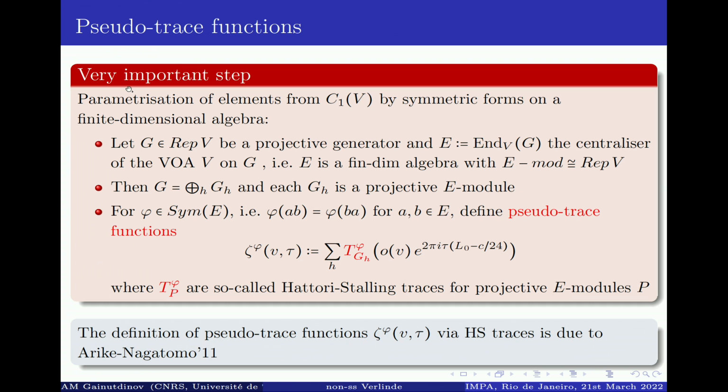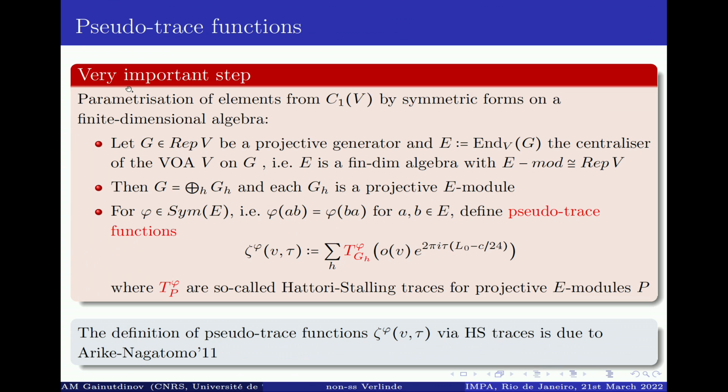Now I'm going to study symmetric forms on this algebra E, or centralizer of the VOA. By symmetric forms, I mean linear forms on E such that phi of AB equals phi of BA. Okay? And now I'm going to define pseudo-trace functions. This is a definition due to Arike and Nagatomo, 2011. So for me, pseudo-trace functions are parameterized by these symmetric forms.